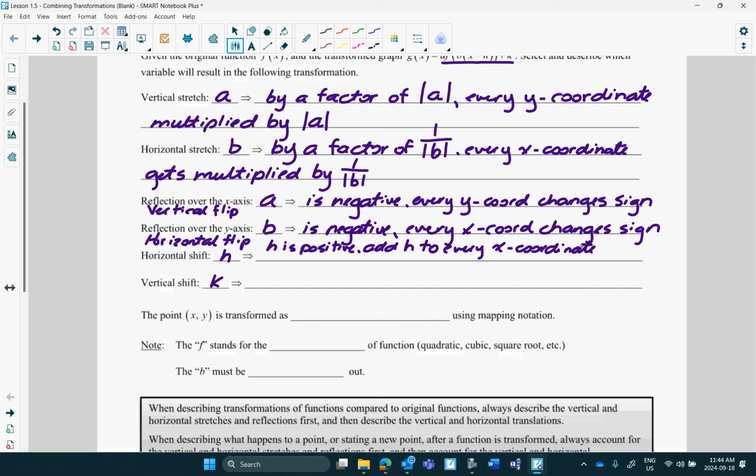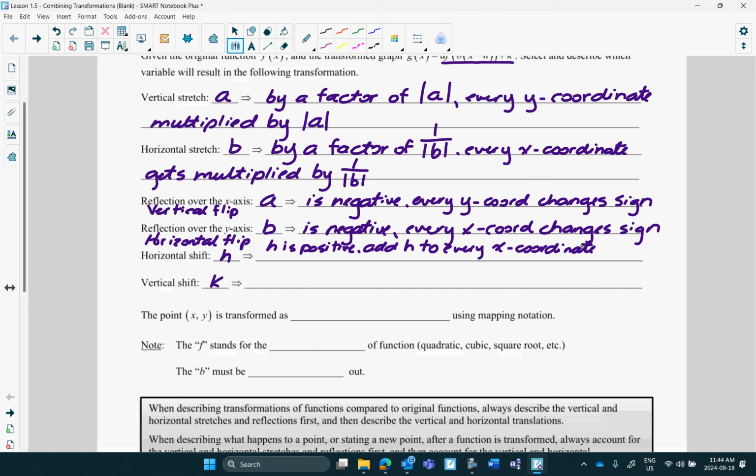No, remember, the equation has to be in x minus form. So if it's x minus 2, H is 2. If it's x minus 5, H is 5. Okay? If it's plus 4, H is negative 4. Because isn't x plus 4 the same as x minus negative 4?